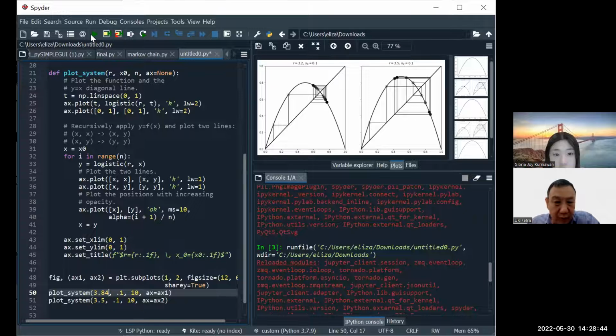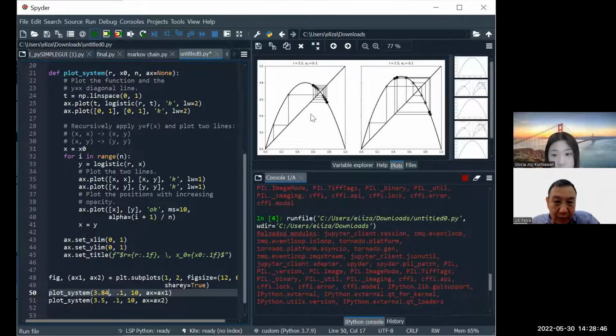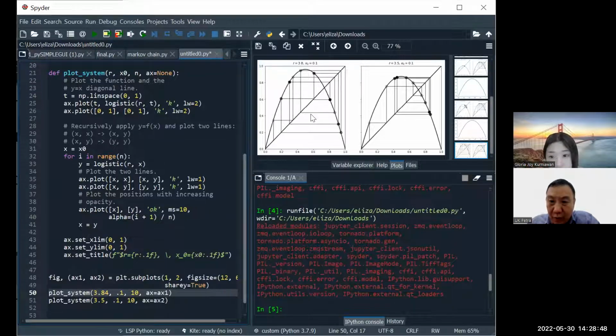And then the initial value is 0.1494, for example. Yeah, that one you can put 100 or 10, it's up to you. 100. No, it's okay.